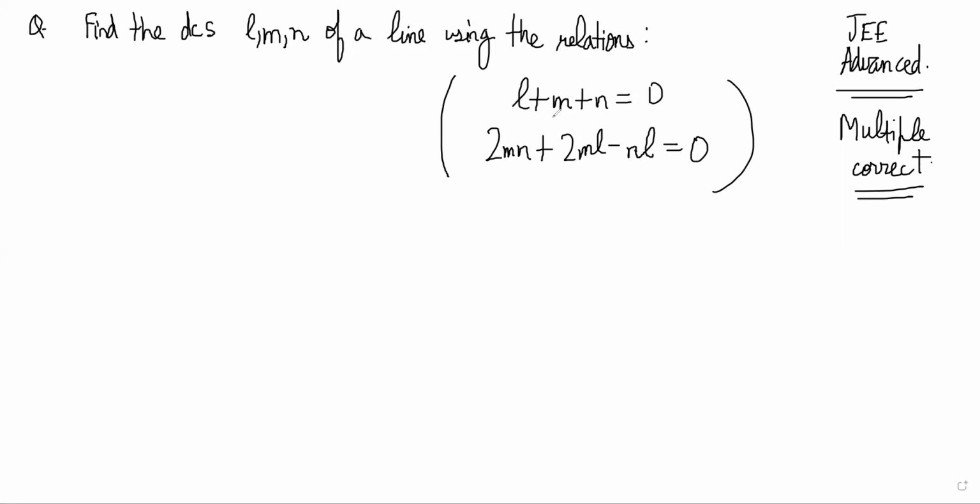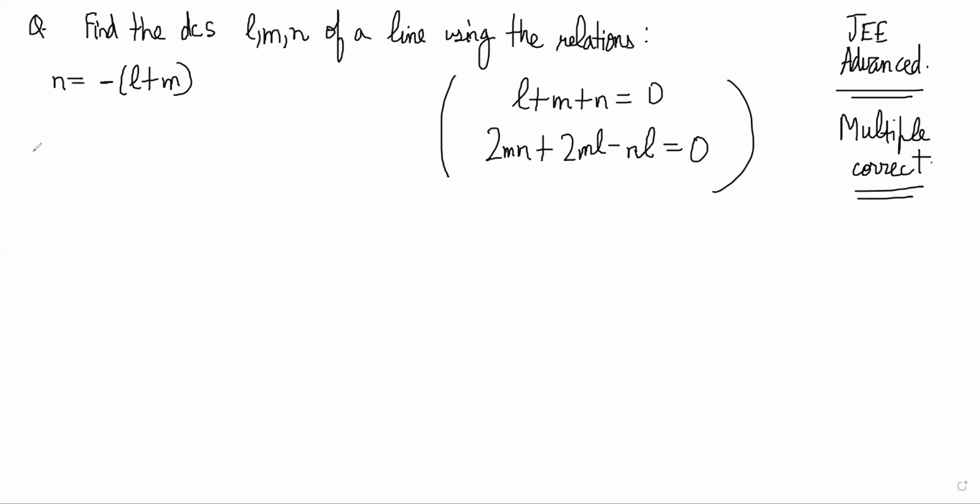If you use the first equation, you can get a quadratic equation. Use the first equation to eliminate one variable. You can say from the first equation, N is equal to minus of L plus M, right?